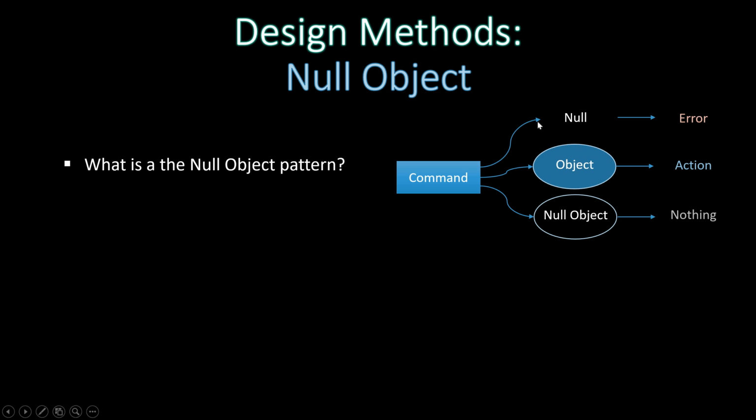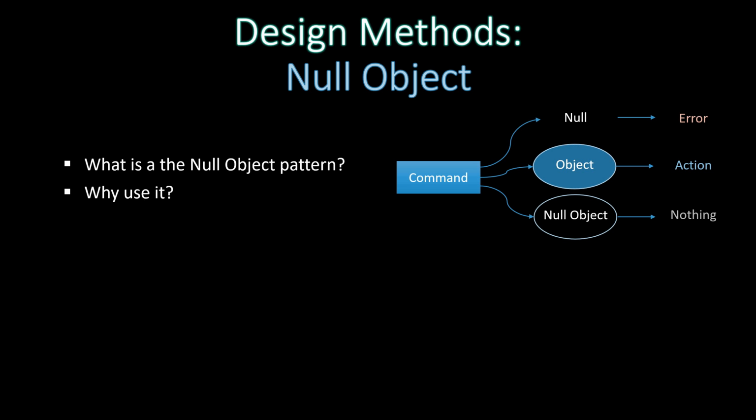If we pass it an actual car that we have initialized, then it's gonna drive, it's gonna do whatever. If we pass it a null object, which is a version of that object that is empty, then it will just do nothing. Right, so we don't get the error, we get a null object.